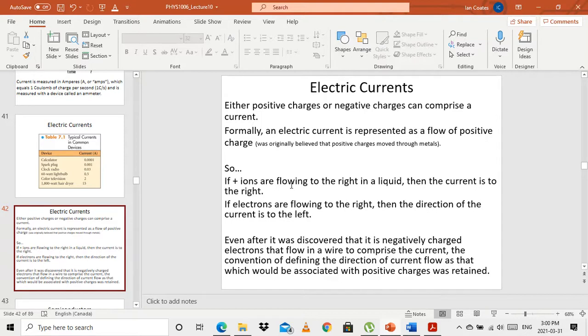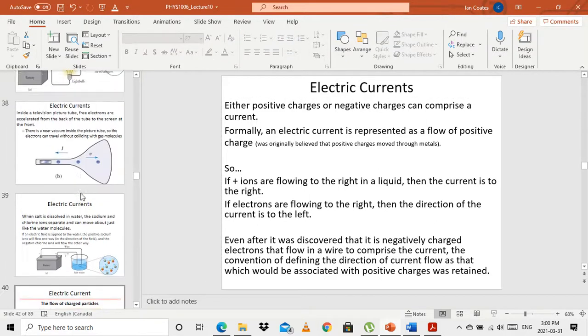Either positive charges or negative charges can comprise a current. We're just going to deal with negative charges. Formally, an electric current is represented as a flow of the positive charge. You remember right here?